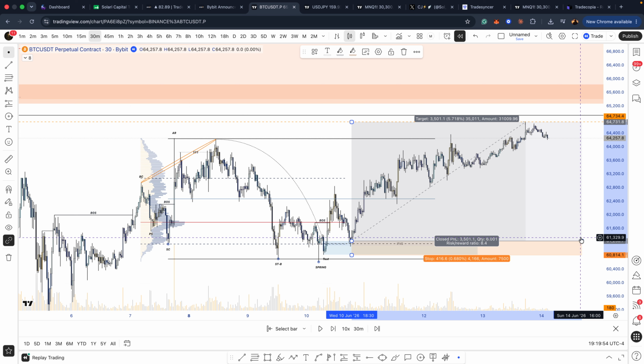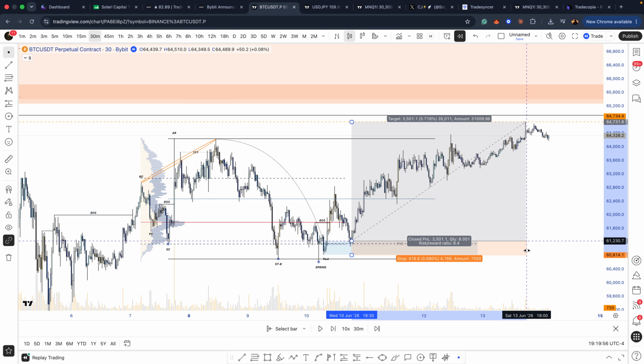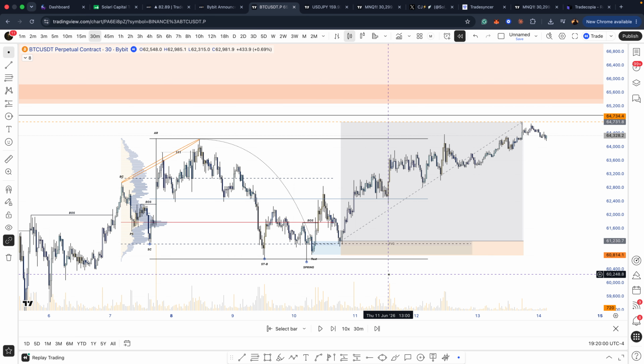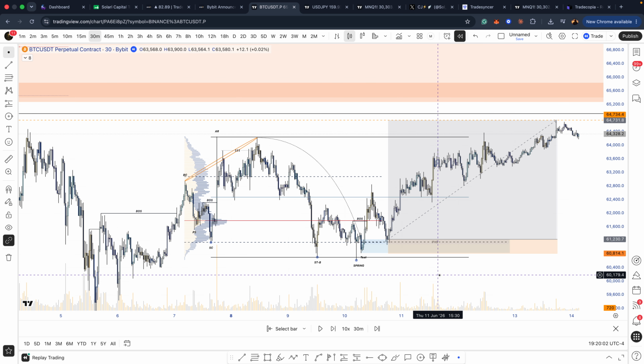And right there, you would have hit your draw on liquidity, realizing if you never took any other profits besides that high, realizing 8.4 RR.